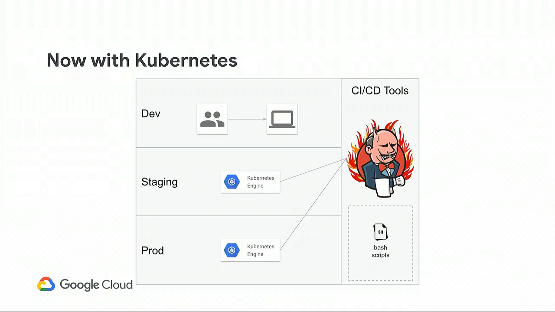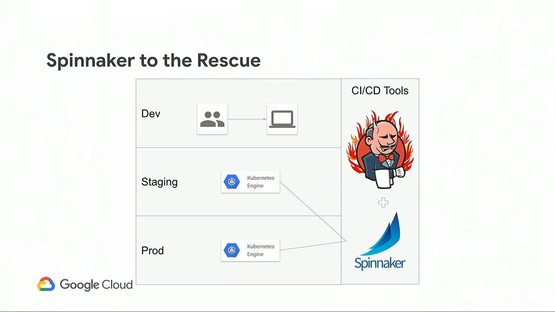And at that point, your CI pipeline is pretty similar to what your application pipeline was. You're just changing from building application binaries to images. But what's different now is how you do those deployments. So now you're using shell scripts to run kubectl commands to get your code out to your various environments.